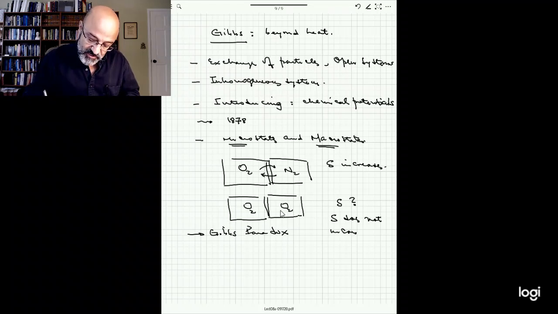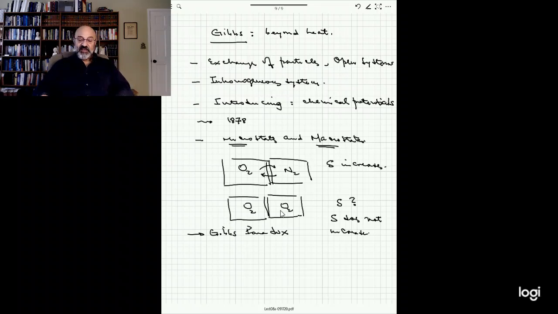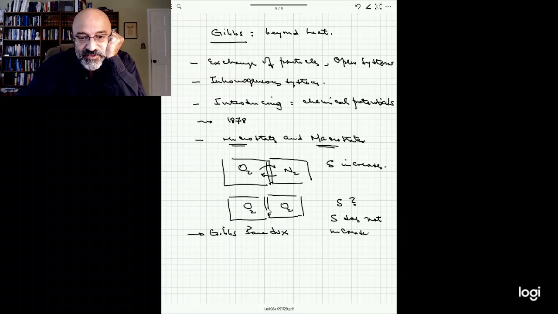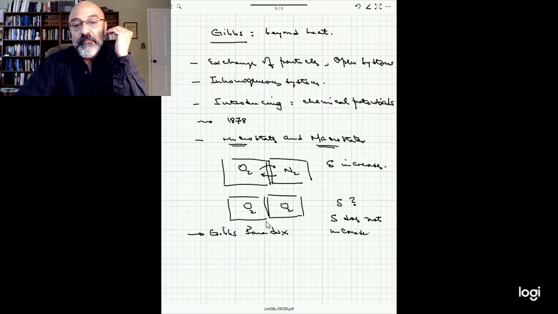The argument that Gibbs provided was to say, look, you shouldn't be confused by the actual microstates that really have now a greater volume to move around. What really matters is the entropy being a property of the macrostate.